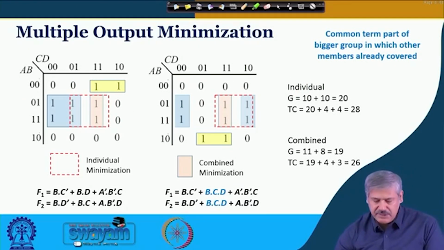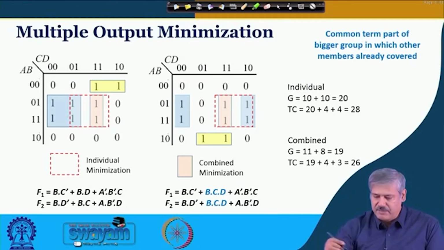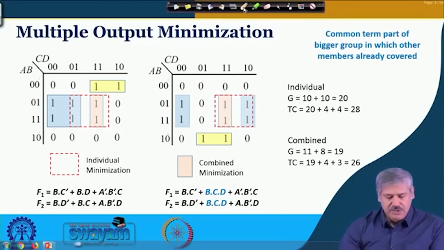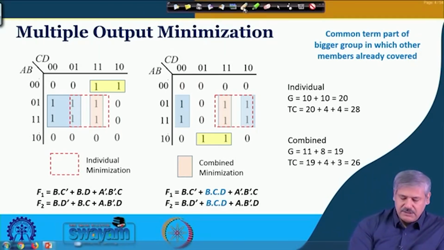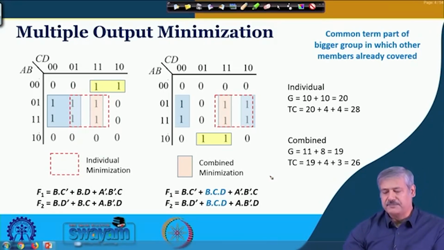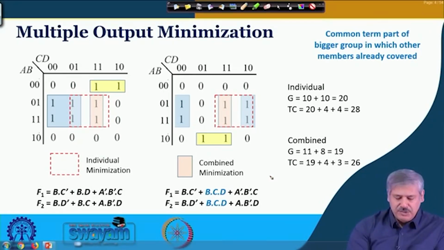So, let us look at this particular example, what is happening over here. Between these two, this is F1 and this is F2. Okay. So, between these two, you can see these two ones are the common term, right. Now, these two ones can be part of a bigger group.